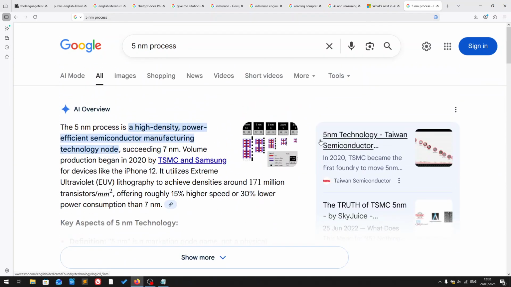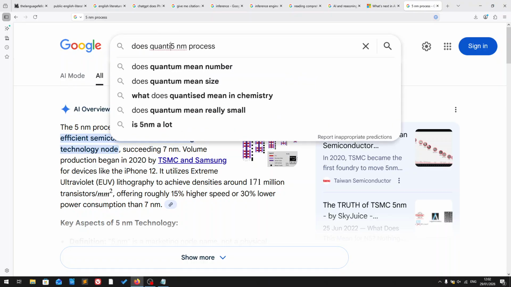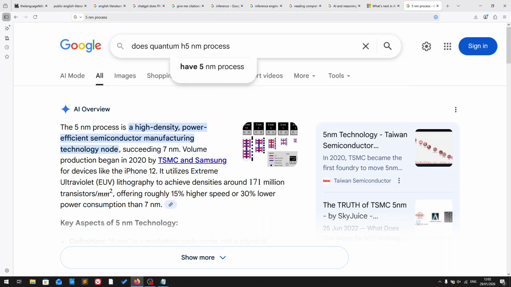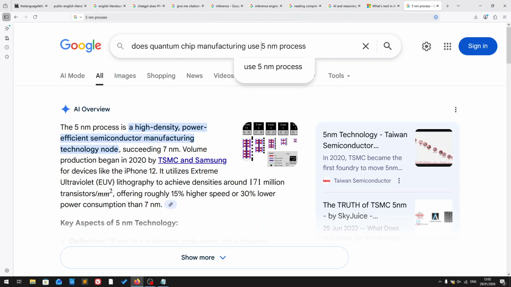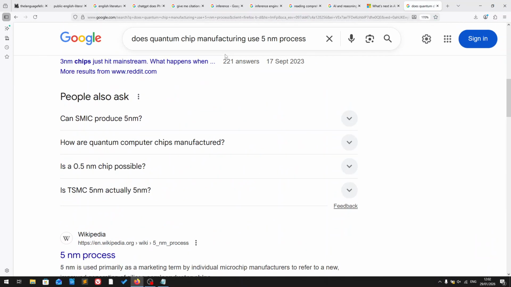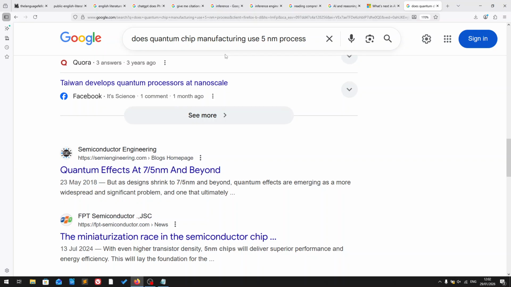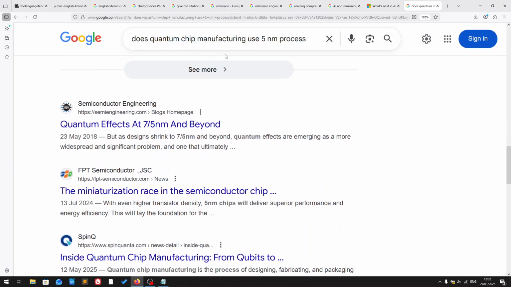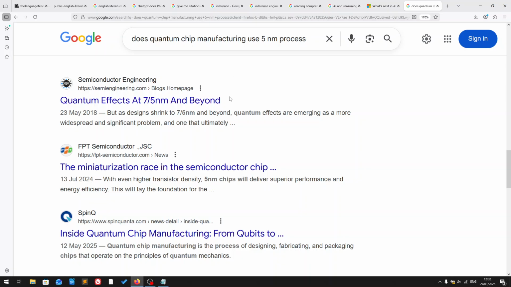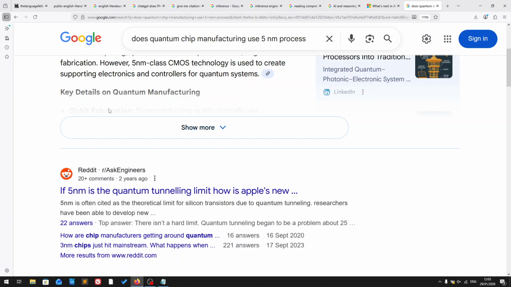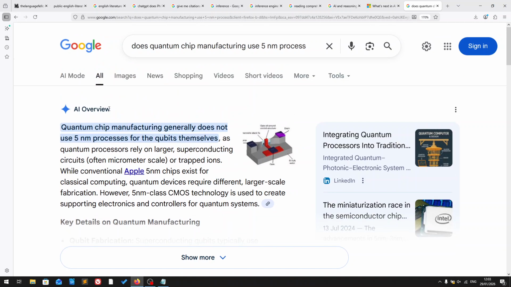So does quantum chip manufacturing use that? Yes. So you have these effects here, and how they are being manufactured, what the technology is. So that kind of thing.